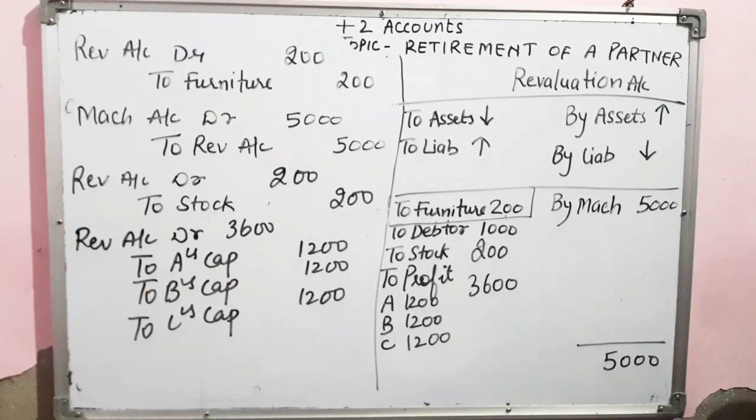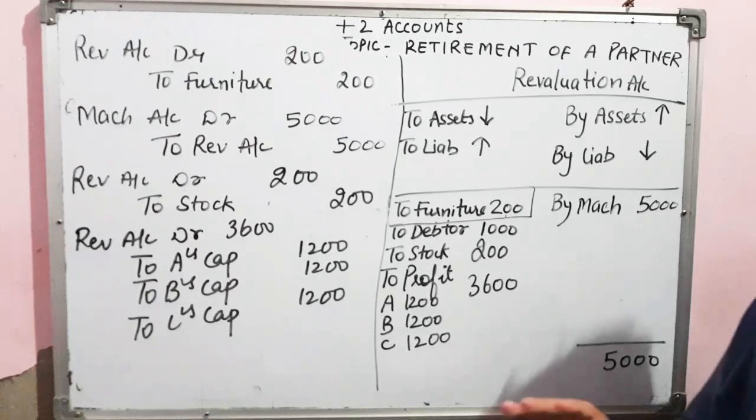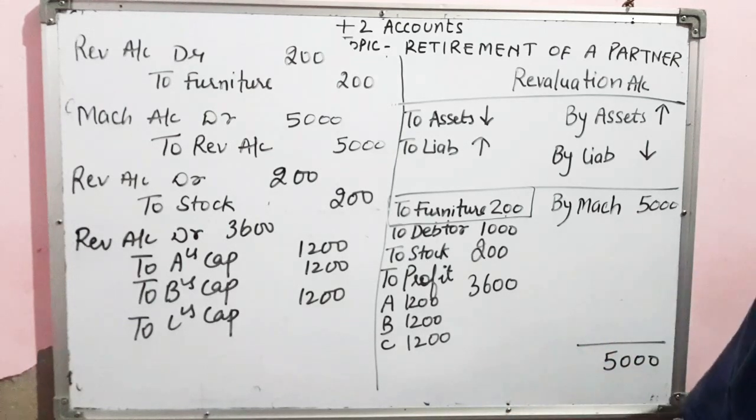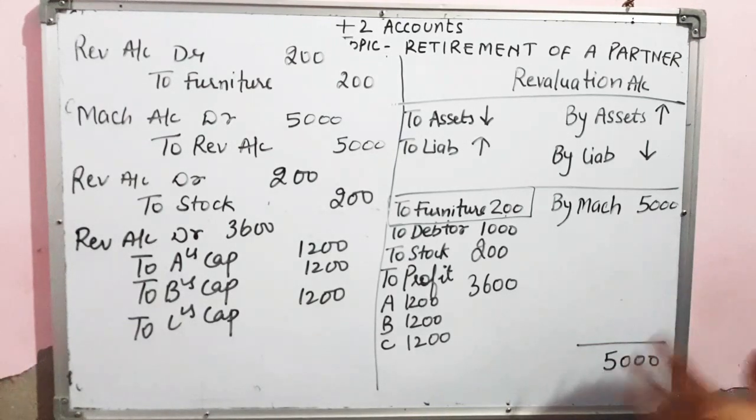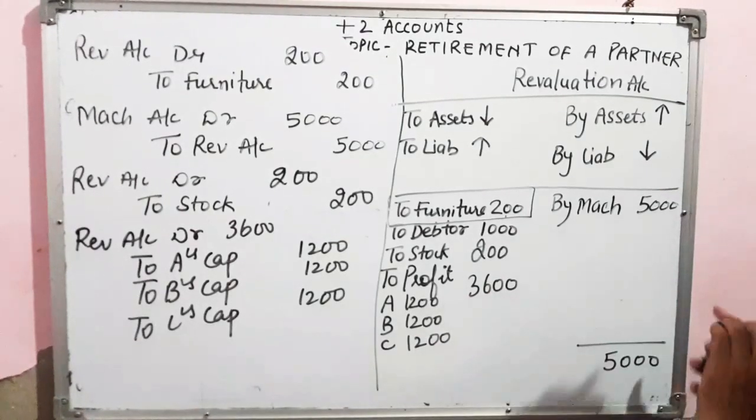Now we will move to the capital account of the topic retirement of a partner. As I told earlier, the capital account has a few changes if I compare it with the admission of a partner.